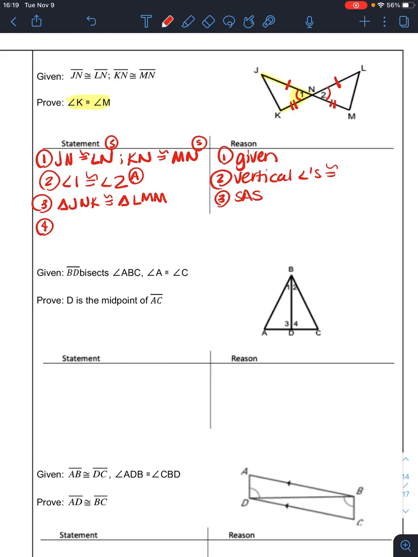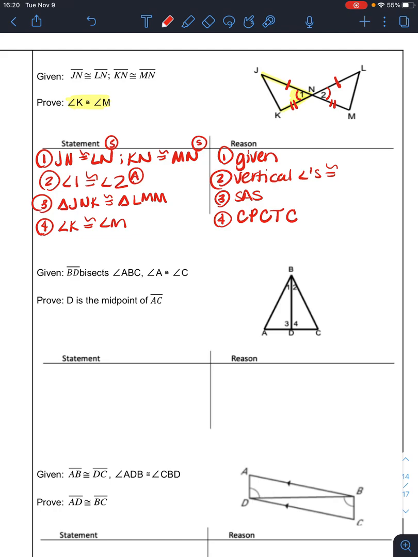So then what that lets me do is prove that angle K is congruent to angle M because corresponding parts of congruent triangles are congruent.